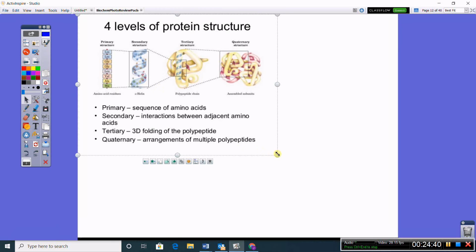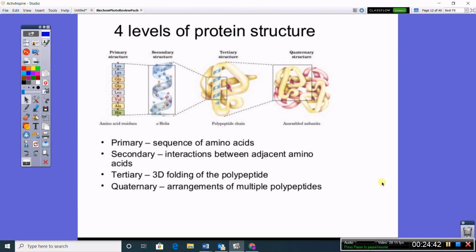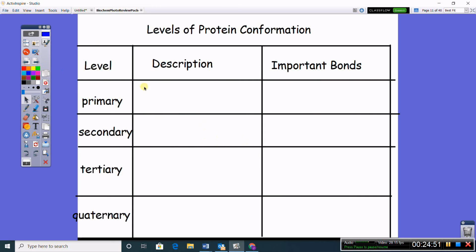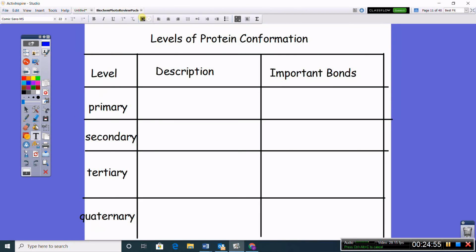So there are four levels of protein conformation. You've got your primary structure, which is just your sequence of amino acids. Again, I don't expect you to be taking notes on this. You already have notes on this somewhere. But we would just say that this is a sequence of amino acids.